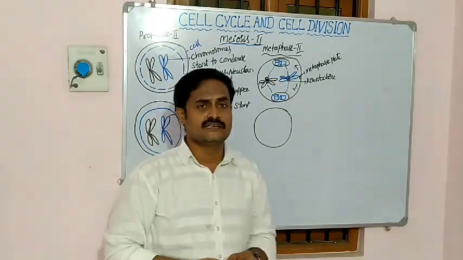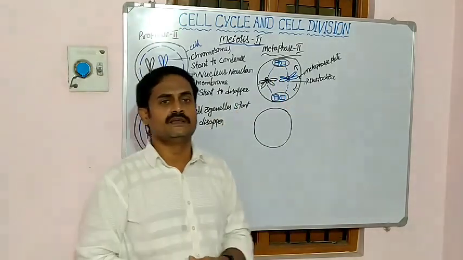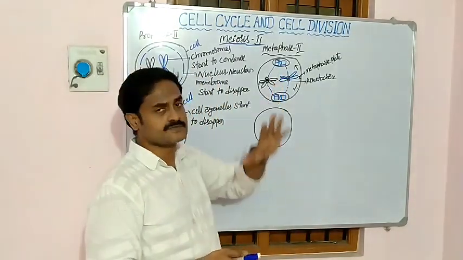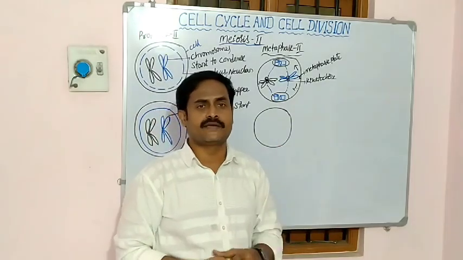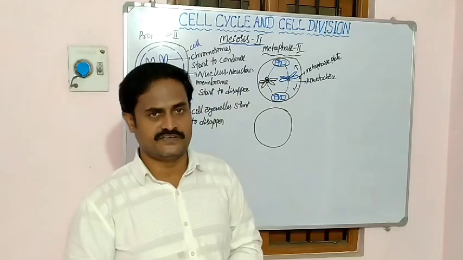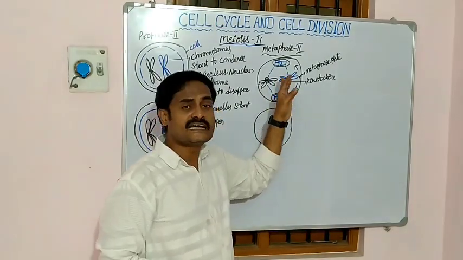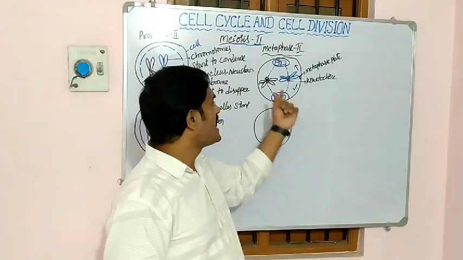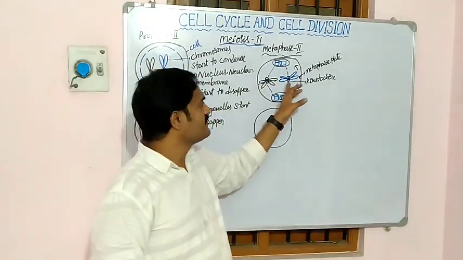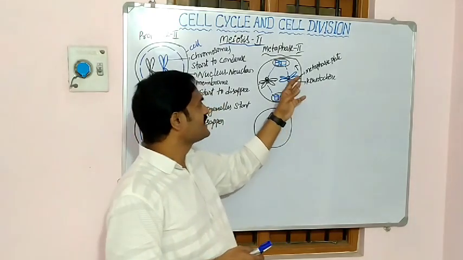During this phase, the chromosomes are clearly visible, and we can study the chromosomes properly with the help of a microscope. Metaphase is a suitable phase. Why? The chromosomes are fully condensed in this stage, and they reach the center of the cell. Their arrangement is visible very clearly.